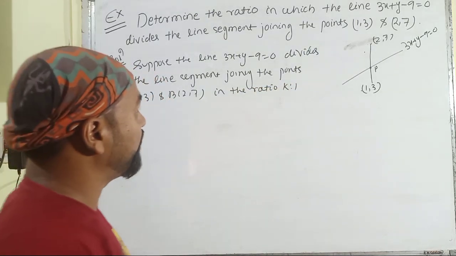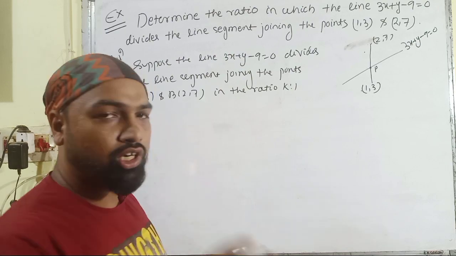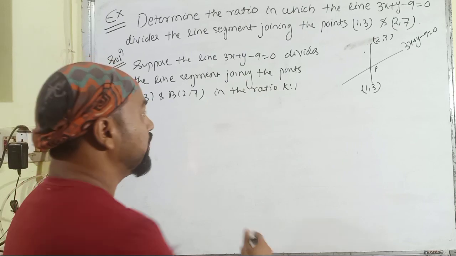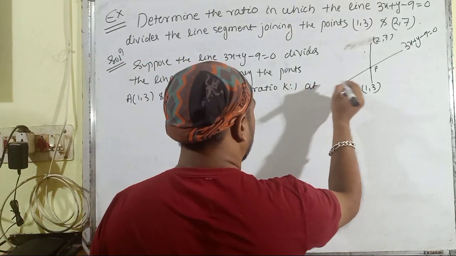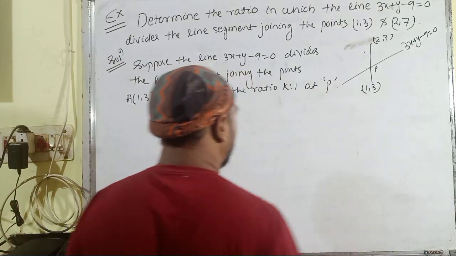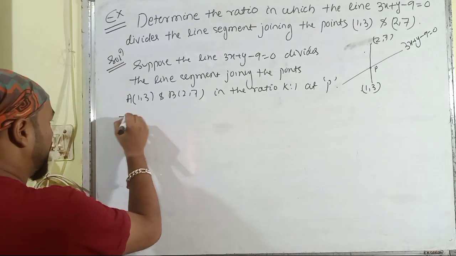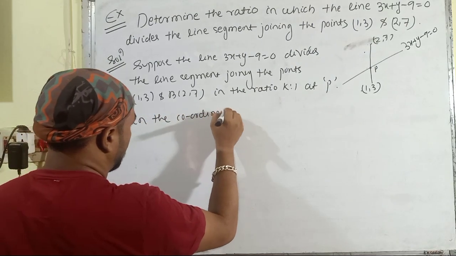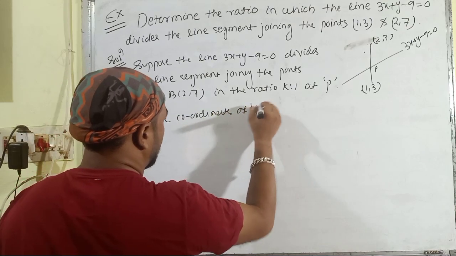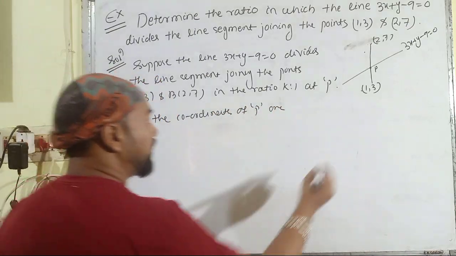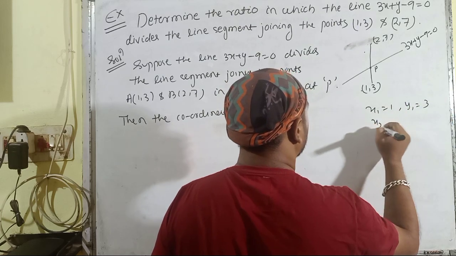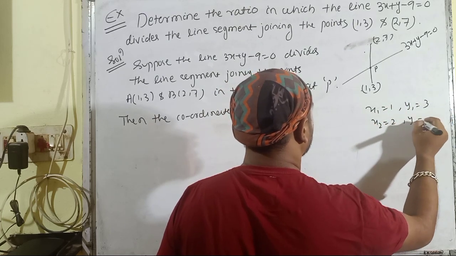Whenever you face this type of problem, when the ratio is not given to you, you have to consider the ratio as k:1 at the point P. Then the coordinates of P are here: x1 is equal to 1, y1 is equal to 3, x2 is equal to 2 and y2 is equal to 7.